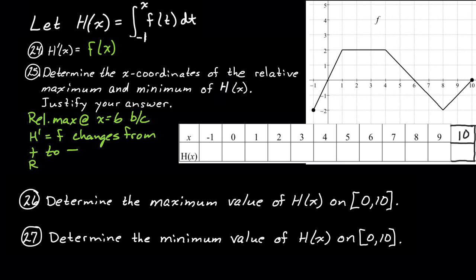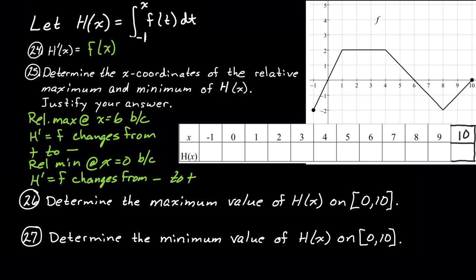And then you're going to have a relative min at x equals 0 because h prime, which is f, changes from negative to positive.